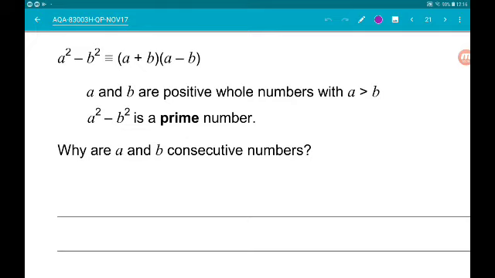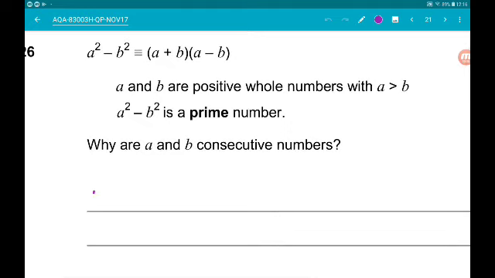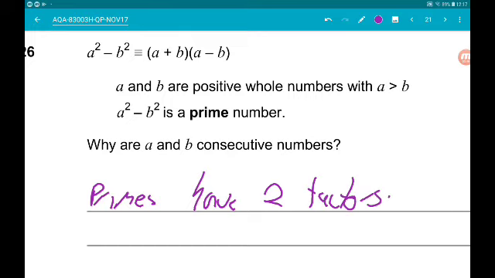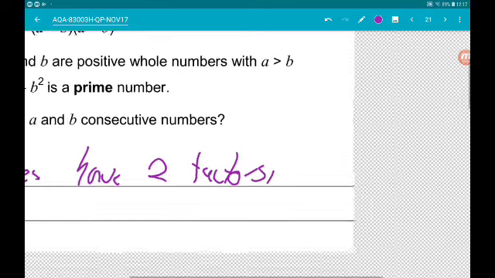A squared minus b squared is a prime number. Why are a and b consecutive numbers? Okay, so prime numbers. So primes have two factors. One and themselves.